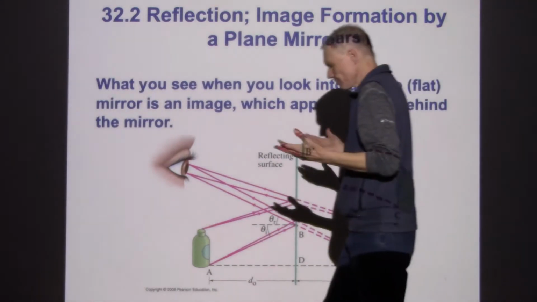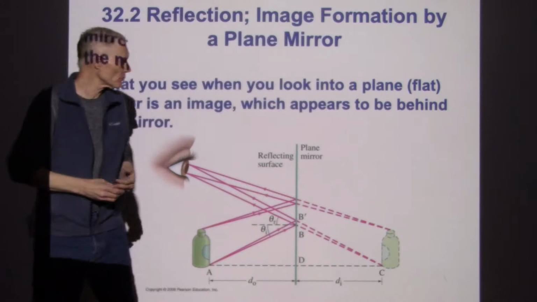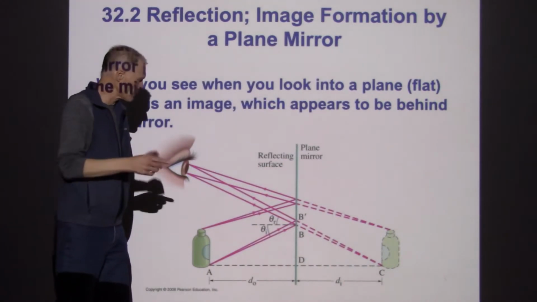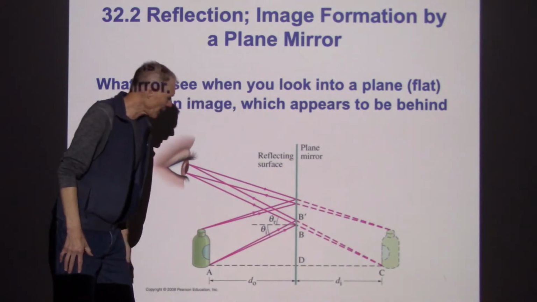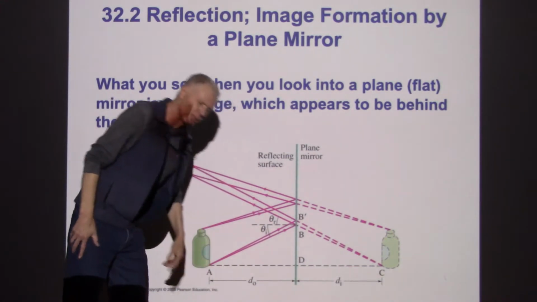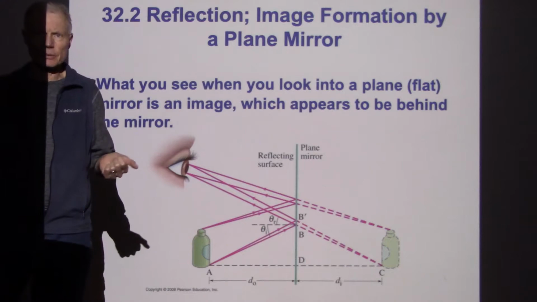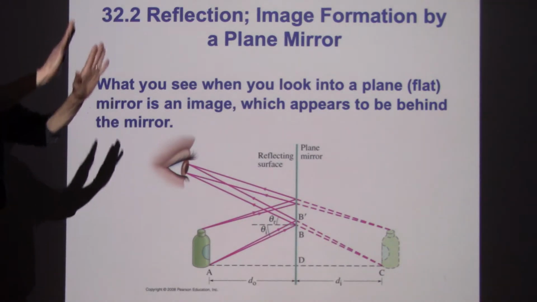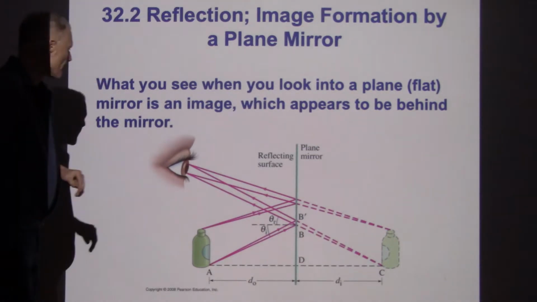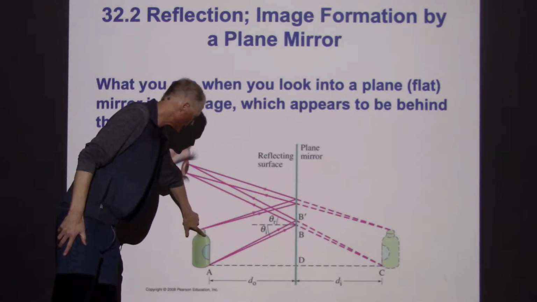Now, in these diagrams, we're developing them one step at a time here. What we have are what are called objects, and we say that there is an object distance. The object distance is the distance between the plane where the mirror is located back to where the object is located.